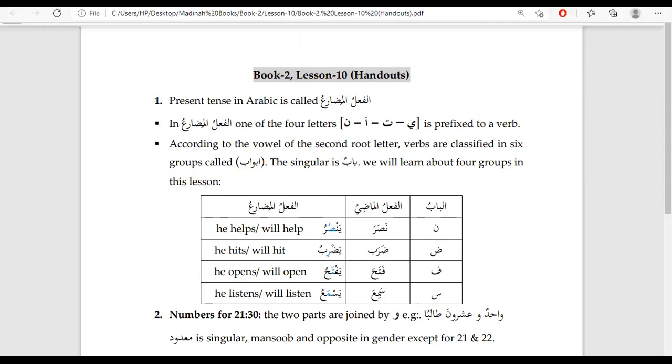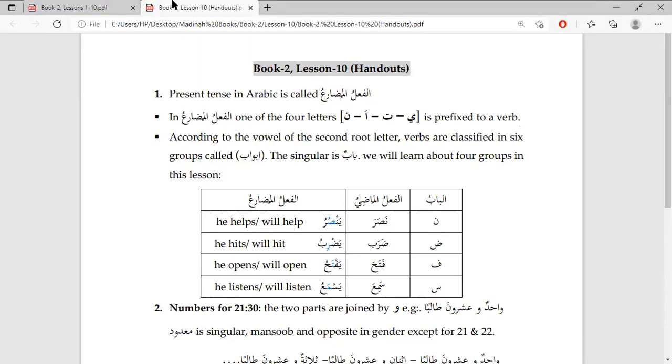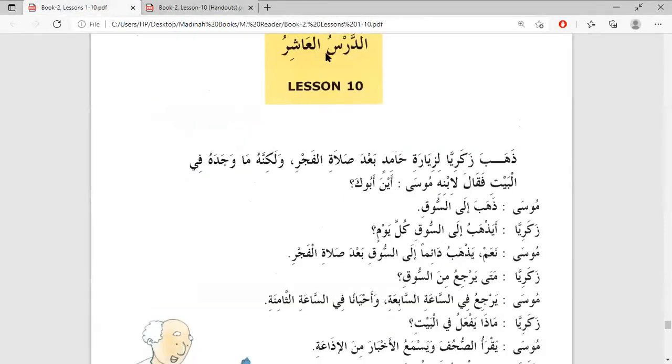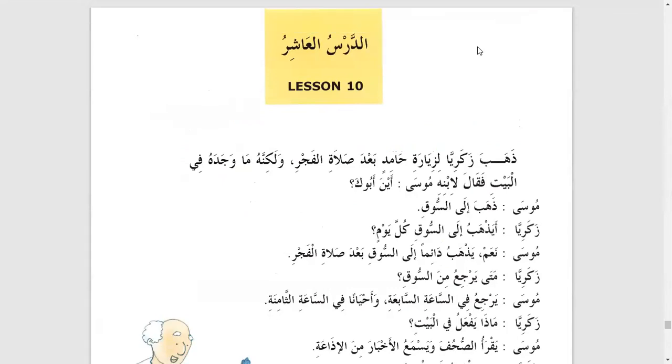So now we can move on to our lesson, which is lesson number 10, inshallah. Today I'm going to use a different book, only for today, because the print of the book that we were using before is very faded and difficult to read. I do not like to use this book because it has all the vowel signs, which makes it easier for us, and then the learning part fades away because we don't find it interesting.